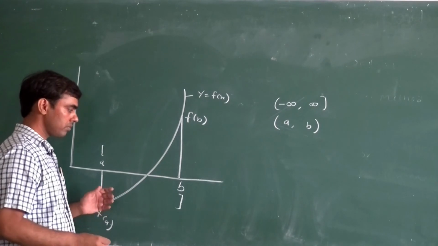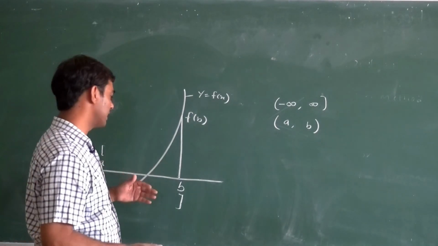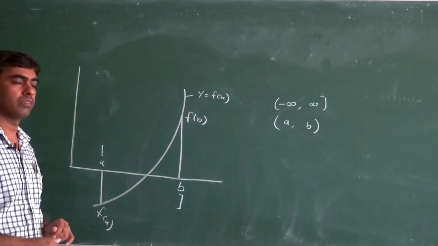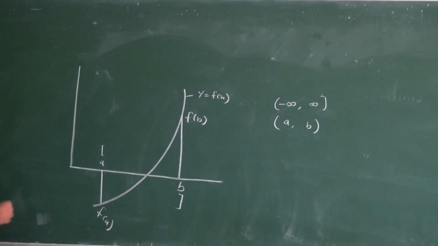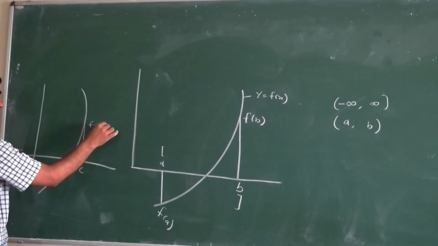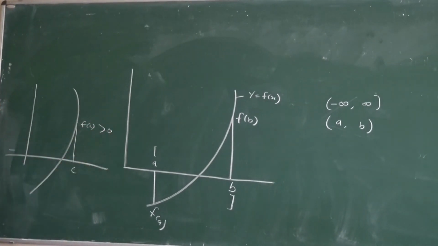Now in the case of a non-bracketing method, there is no need to find such a bracket. We start from any arbitrary point. Suppose this one is a point C, with f of C, which in this case is greater than 0.